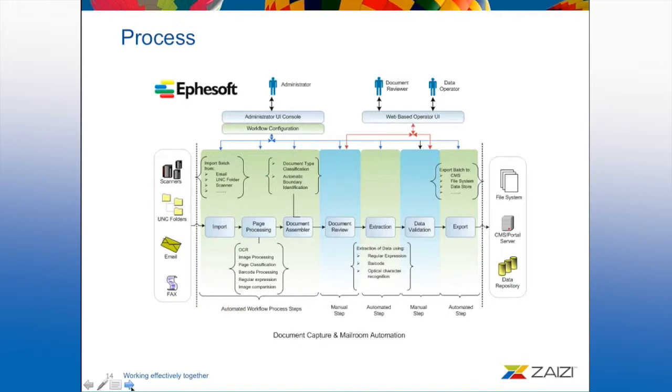As this is coming through, it's identifying and understanding what the documents are. You then have one exception point where Ephesoft may not be quite sure what that document is, so it will flag that up to the user. The user will either accept it or correct it. Then it goes on and extracts some of the information, and again there's another validation point, where it may not have understood some of the information. It's only at that point that the user is asked to get involved, just to verify if the content is correct.